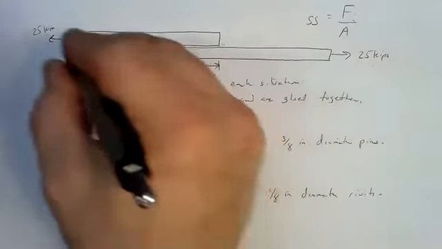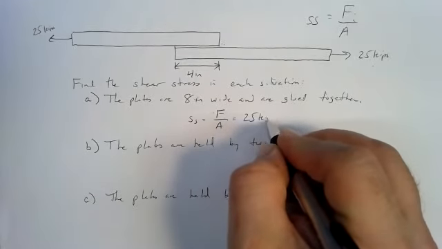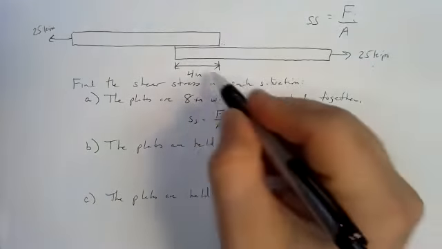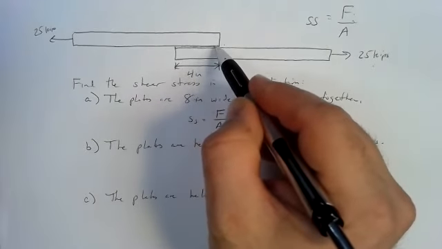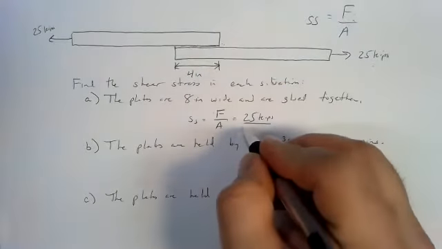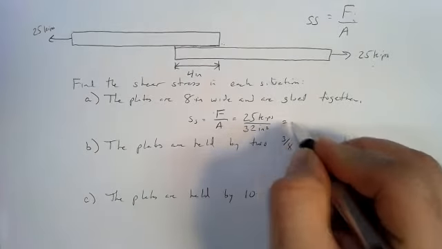We're supporting a load of 25 kips. The area, if they're glued together, is the whole area of contact here, 4 inches by 8 inches. That would be 32 square inches.